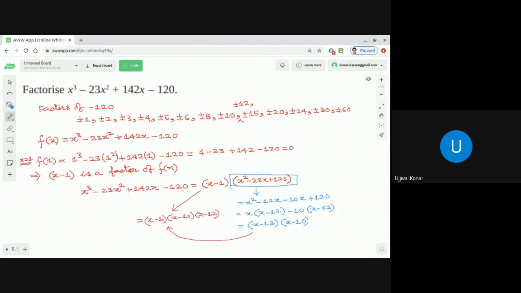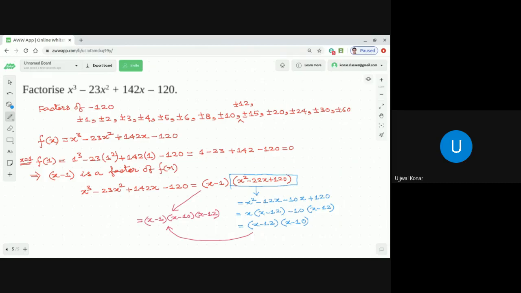This is one classical example where you need to find the different factors of the constant term, which is minus 120 in this case, and try with the first few factors, finding the value of the polynomial. I repeat, you may get f(1) equal to 0, you may not. Then you try with minus 1, then with 2, then with minus 2, and you will definitely get one.